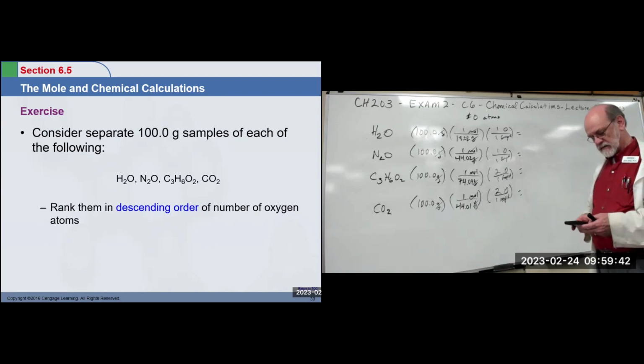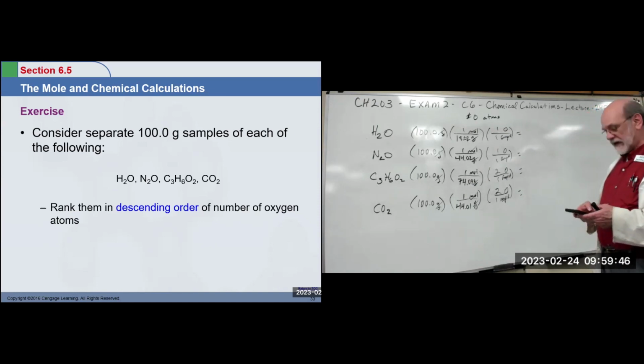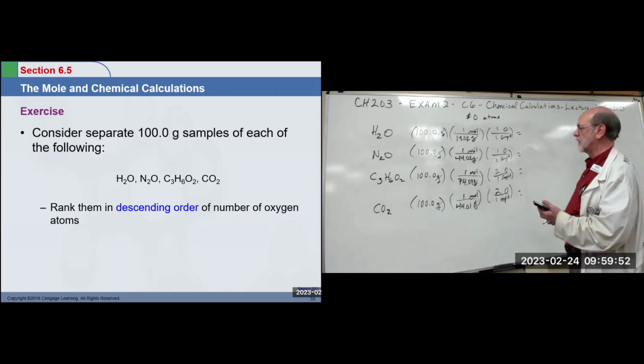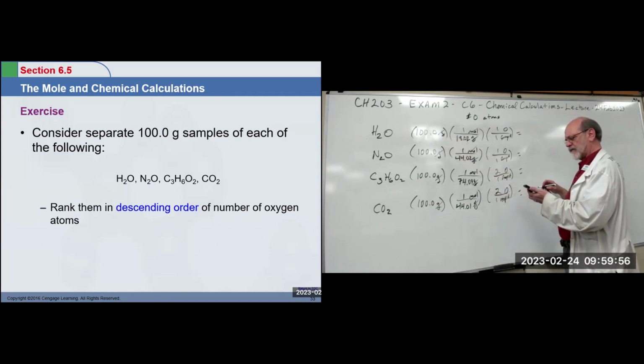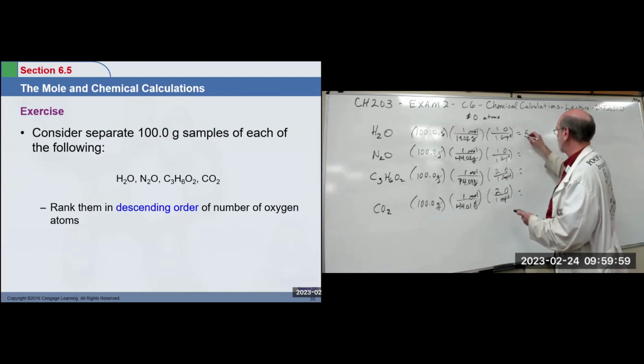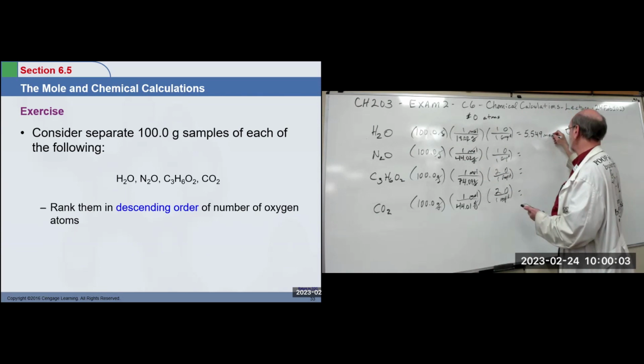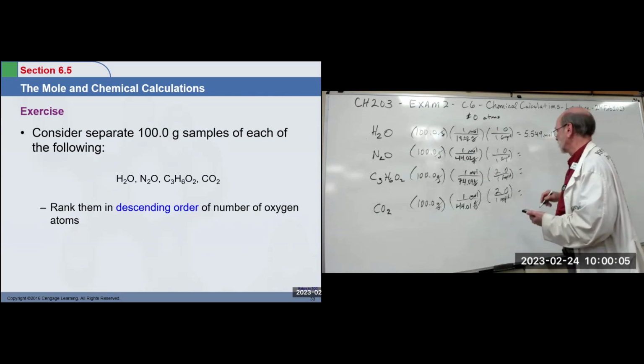So we got 100. Oops, that's too many. There we go. Divided by 18.02. And that is 5.55. Let's see, we got 4 significant figures. 5.549. And that's moles of oxygen.